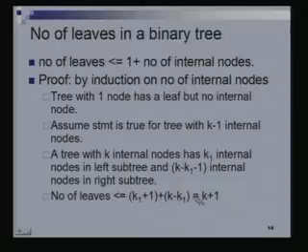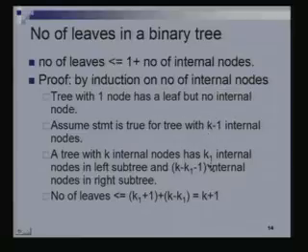The total number of leaves is just the sum of these two. All the leaves are either in the left subtree or in the right subtree, nowhere else. So the total number of leaves is just the sum, which is k plus 1, which is what we wanted to prove. Since we started off with a tree with k internal nodes, we have to show that the number of leaves is at most 1 plus k.